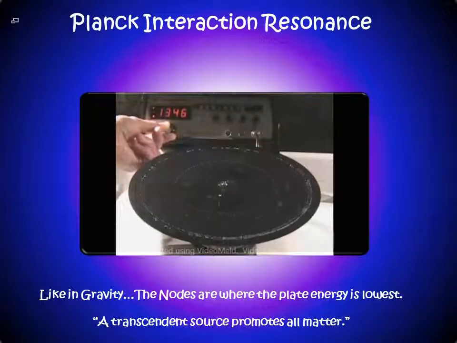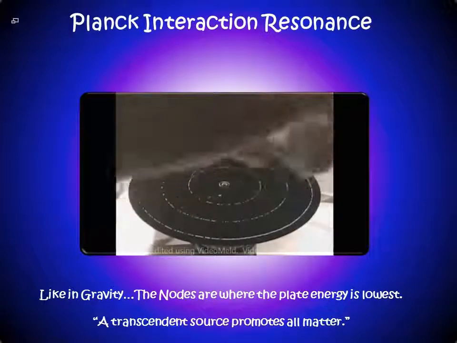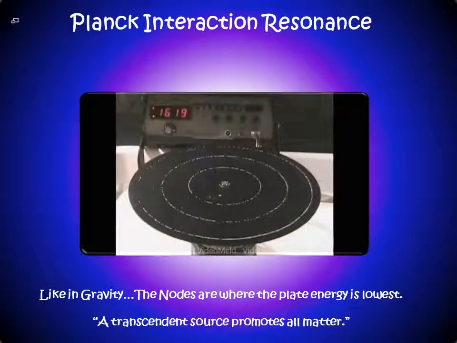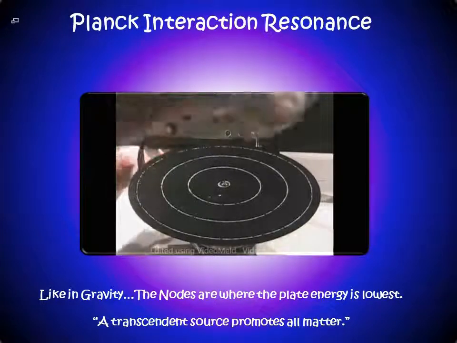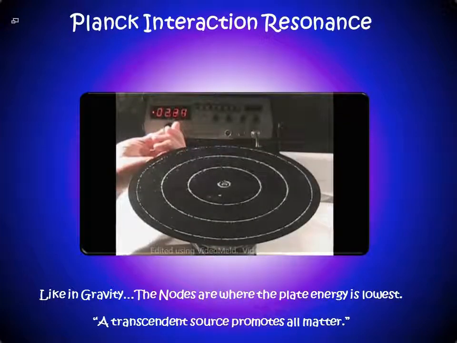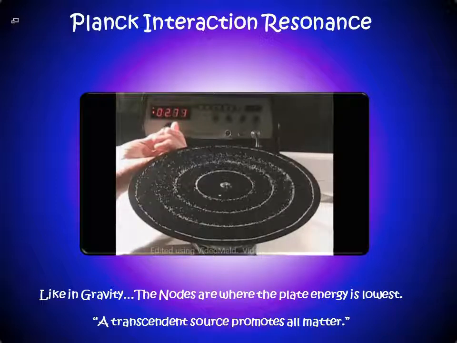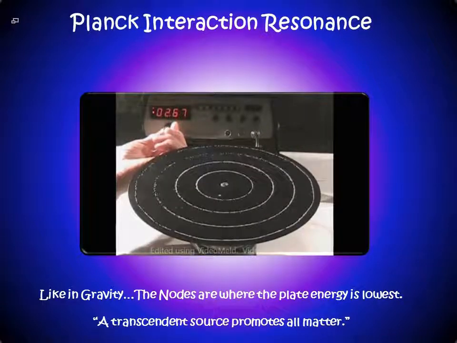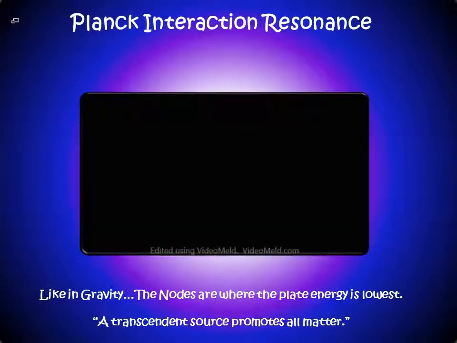He keeps upping the frequency and the number of orbitals goes up. He finds a harmonious point there, and it keeps dividing up. Every time he ups the frequency, it starts spreading out, and off you go to another one. It's an interesting video. It shows some of the ideas that are in place.